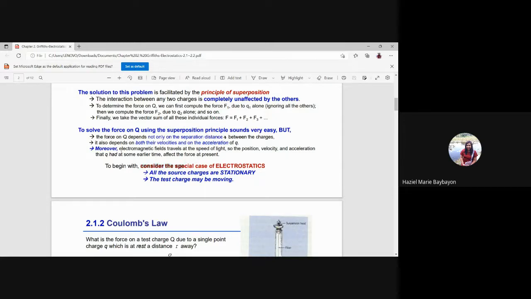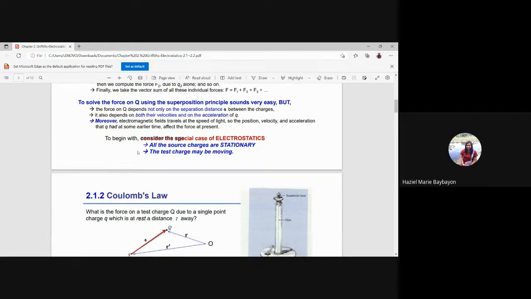So if the charges are moving, it is complicated because their force will depend on the speed of light, their position, their velocity, and acceleration.